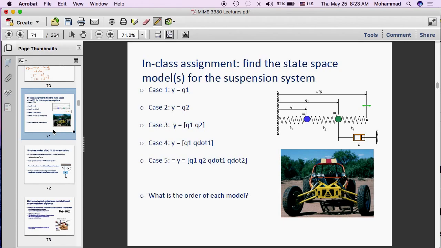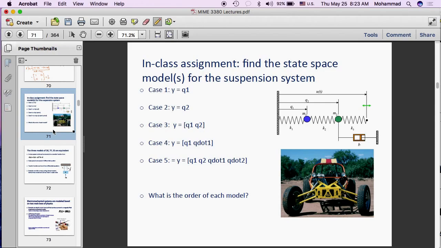You can, in a way, simplify the behavior by bringing it down to a first order system, even though the order of the system doesn't change. Depending on where you look, it still is a fourth order system, but you bring similarity to a first order system so you can deploy the tools that you know of the first order system. So that's the benefit of using a state space model.